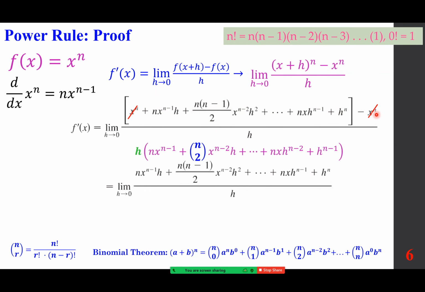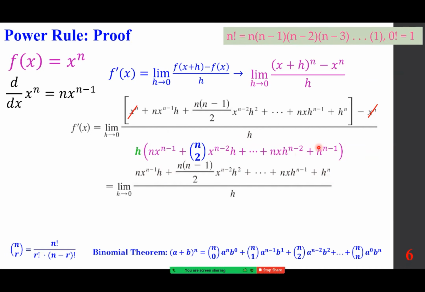So we are going to factor the h out. When we do that, from the top, this one has n x to the power of n minus 1. This one, the h squared becomes h. We are factoring out the h. You can distribute the h and it must give you that.